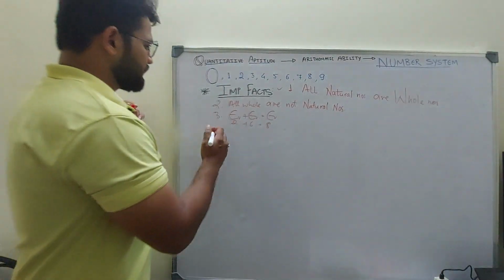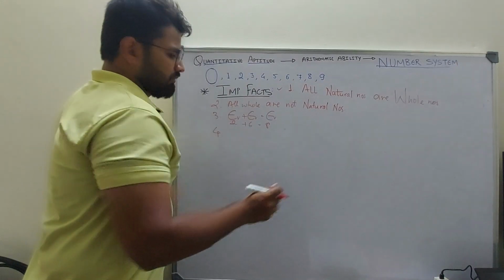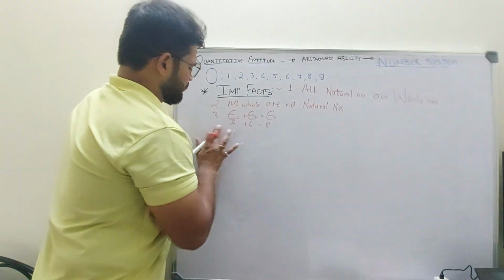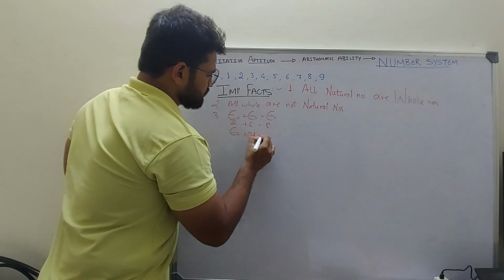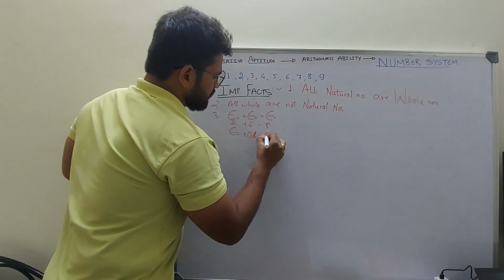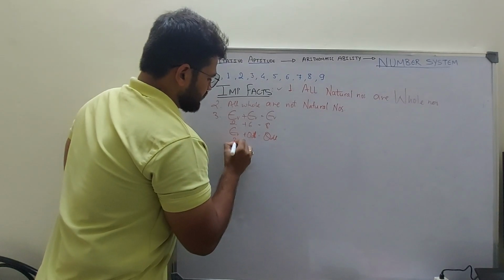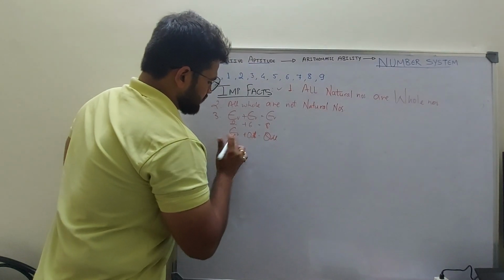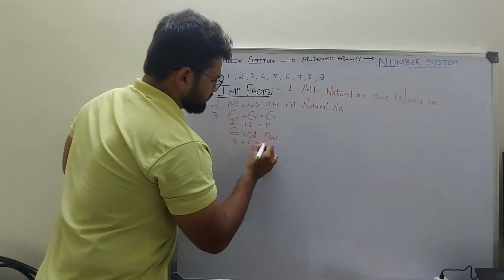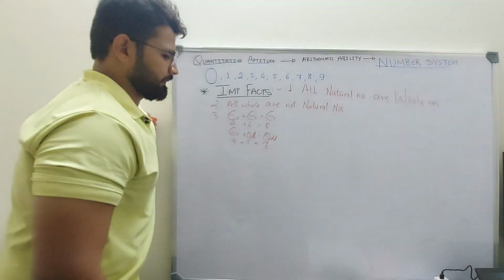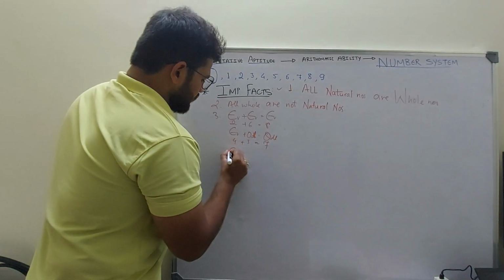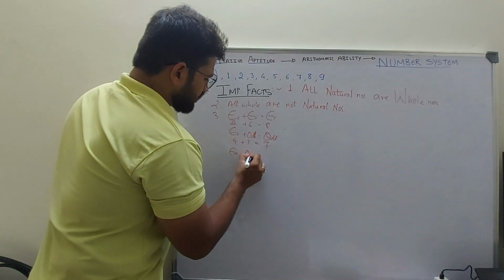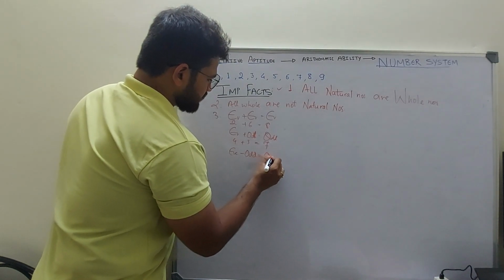You can explore more examples. In the third fact we will consider combinations. Even plus odd will give odd. Example, 4 plus 3 is 7, odd. Even minus odd is odd.